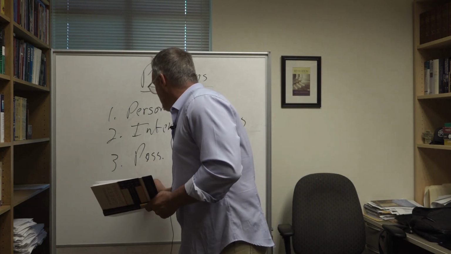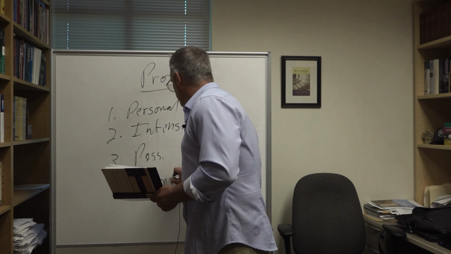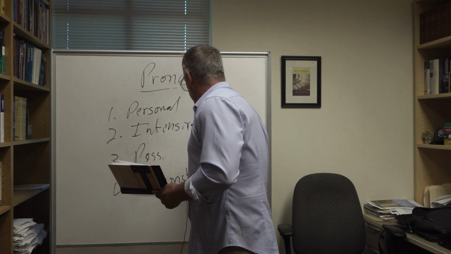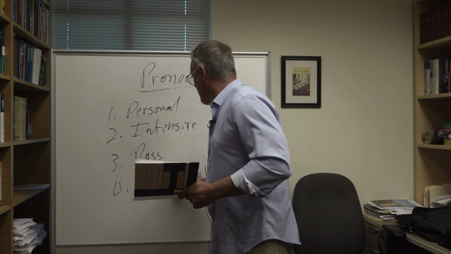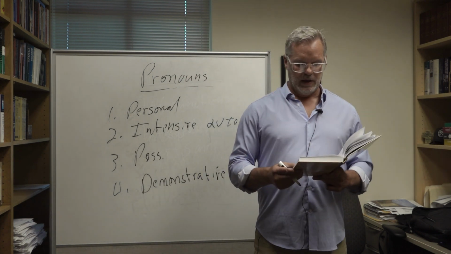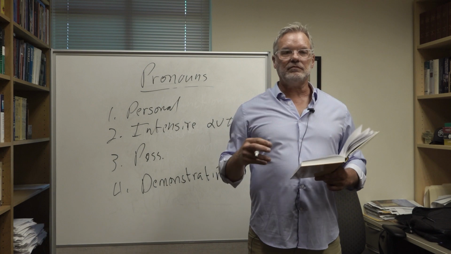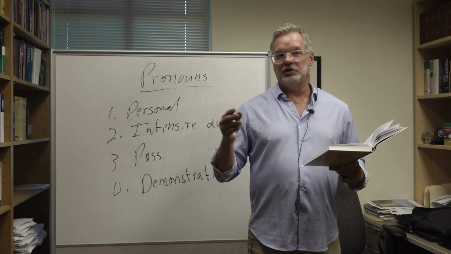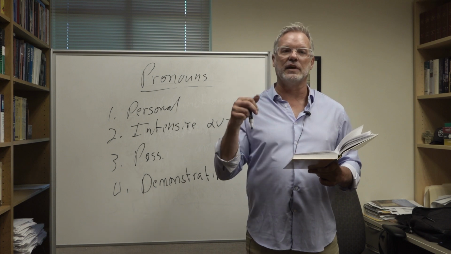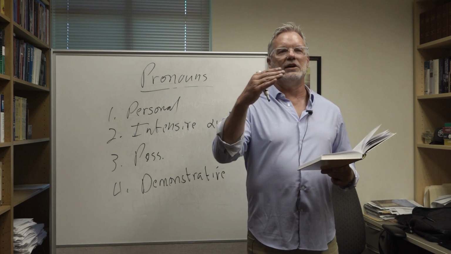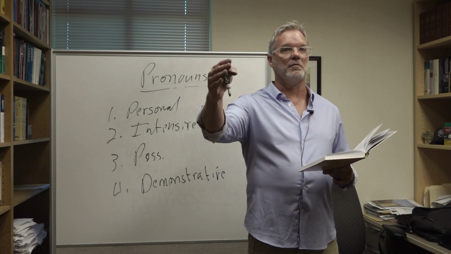A very important and common one is the demonstrative pronoun. Usually in Greek, as with English too, I guess, but in Greek there's a distinction between near demonstratives and far demonstratives.